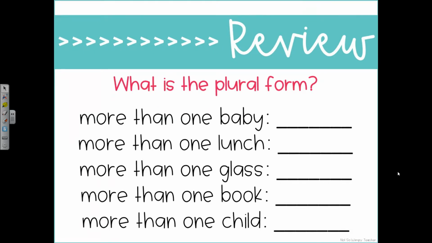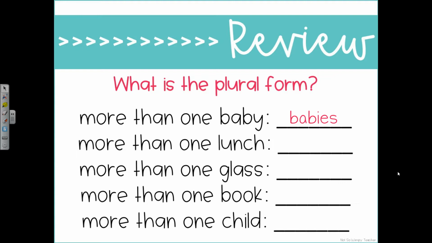Let's look at these nouns. What is the plural form? More than one baby. We talked about this one. Remember, if it ends with a consonant Y, like baby, you have to drop the Y and add IES. So here's the plural, BABIES. More than one lunch, it ends with that CH.